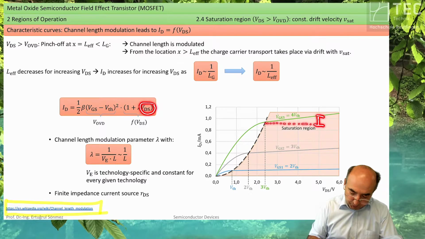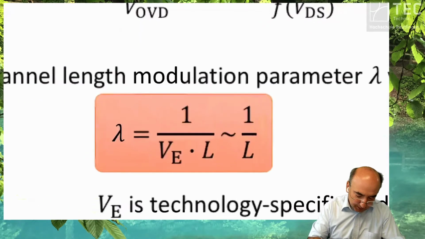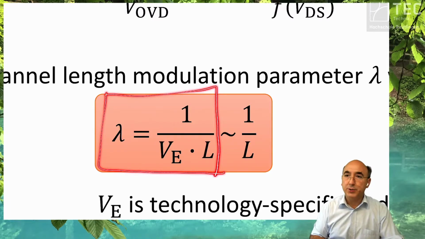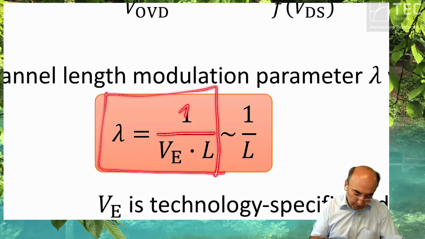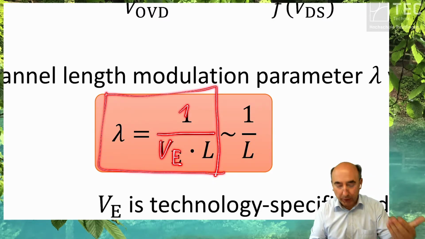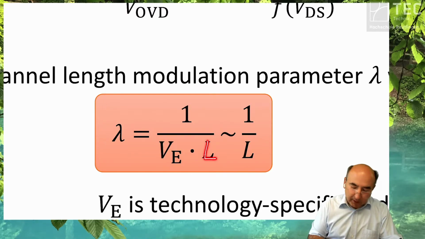This additional portion is given by lambda, and lambda is calculated by this equation. It is 1 divided by a technological value, not an applied voltage, VE, times L in the denominator.